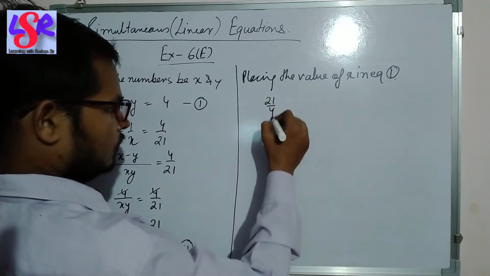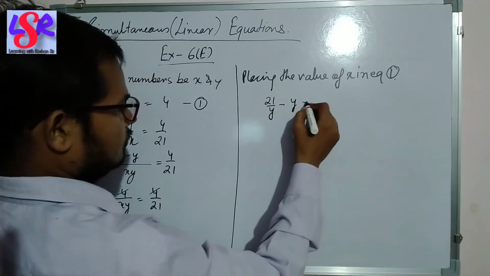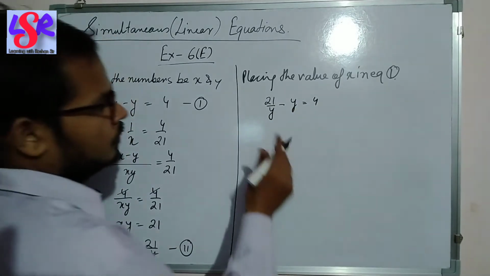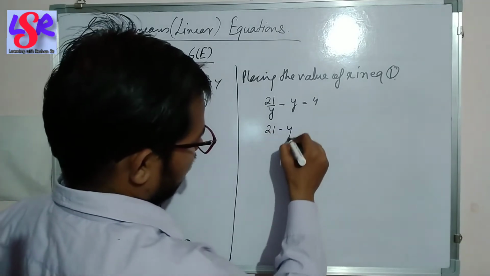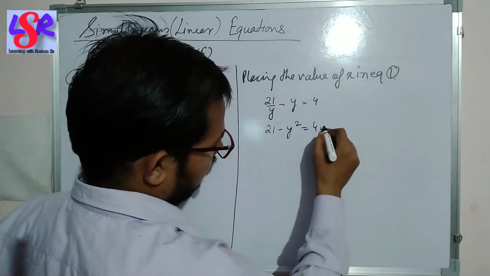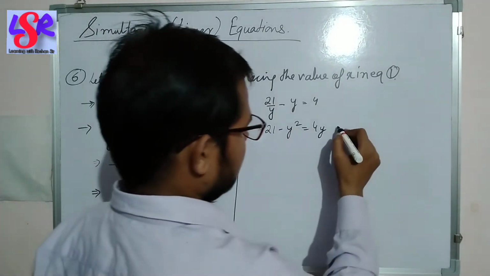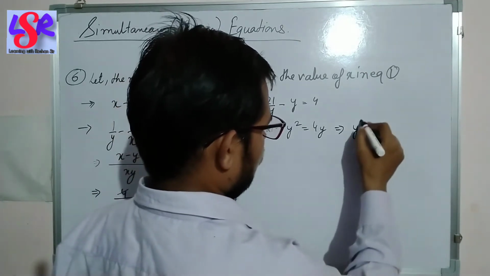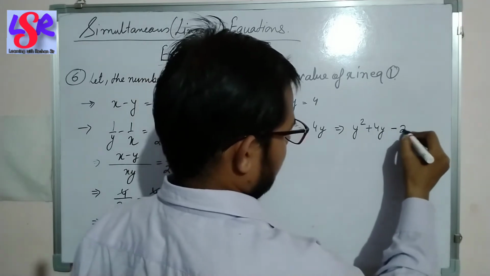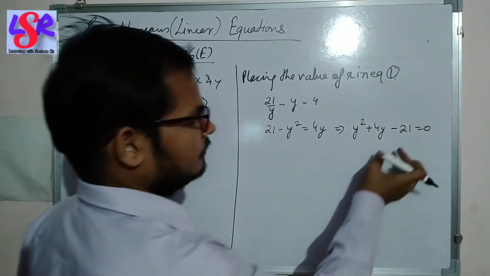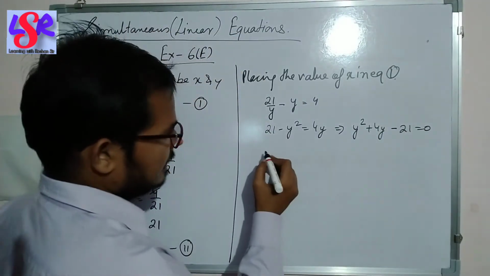So placing the value of x in equation number 1, we get 21 upon y minus y equals to 4. Now we can multiply the whole equation by y, and this will become 21 minus y square equals to 4y. Now on rearranging, we get y square plus 4y minus 21 equals to 0. Now the factors of 21 are 7 and 3.